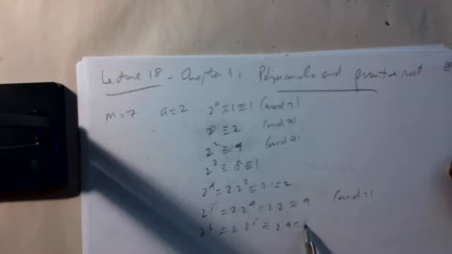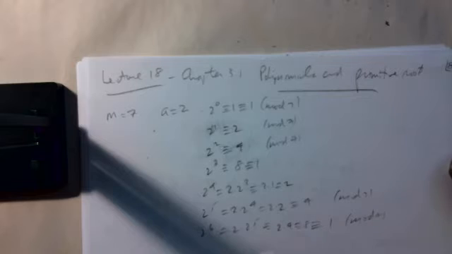That's 2 times 4, which is 8, which is 1 mod 7. 2 to the 7th is 2 times 2 to the 6th, which is 2 times 1, which is 2 mod 7. Of course, you could also say 2 to the 7th is 128. Divide 128 by 7, you also get 2, of course.